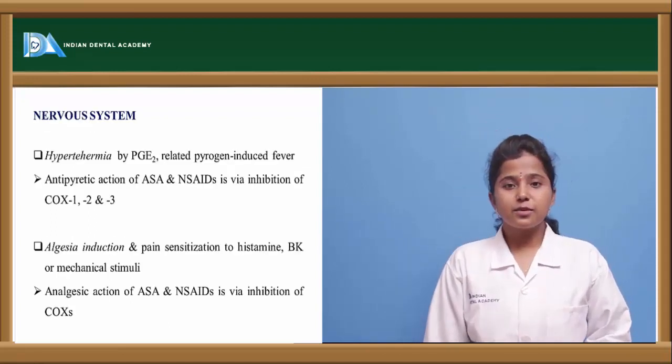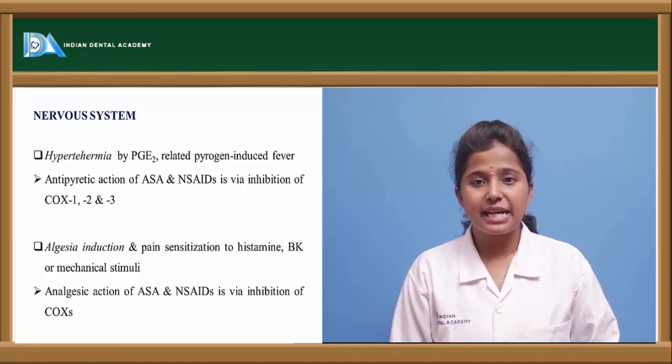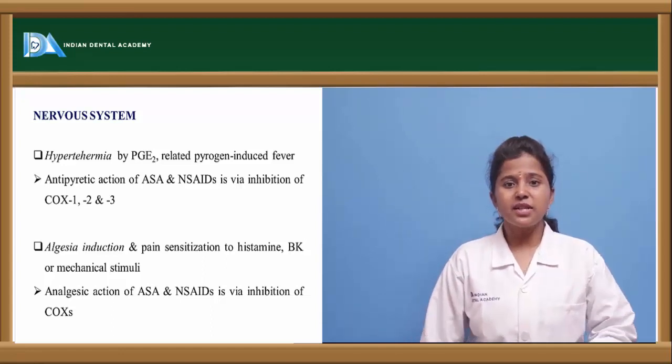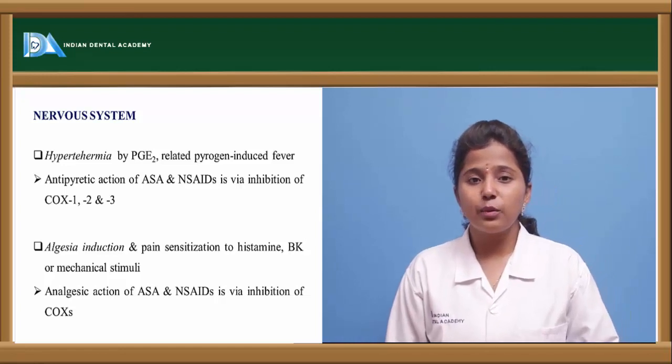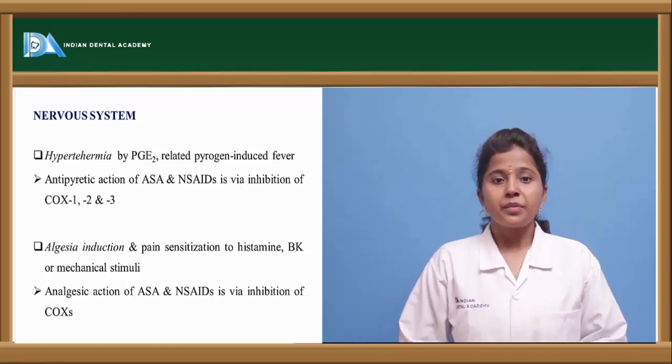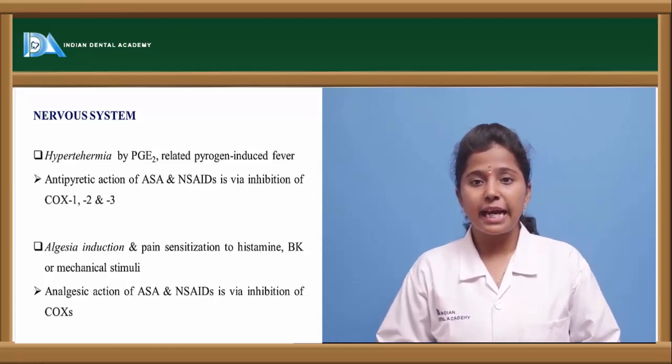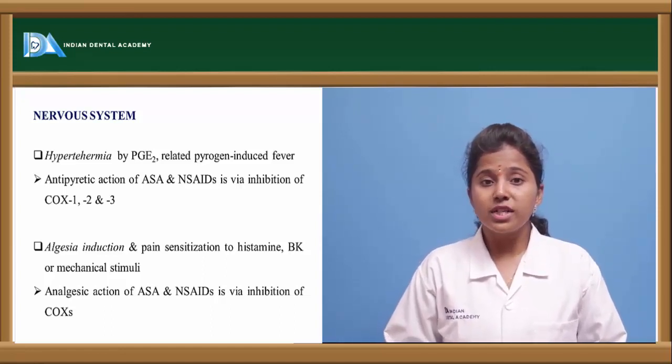The prostaglandins which are synthesized by the COX-2 enzyme act on the central nervous system also. In the central nervous system, there is a region called the hypothalamus where fever and pain are regulated. In the case of fever and pain, pyrogens enter into the body.